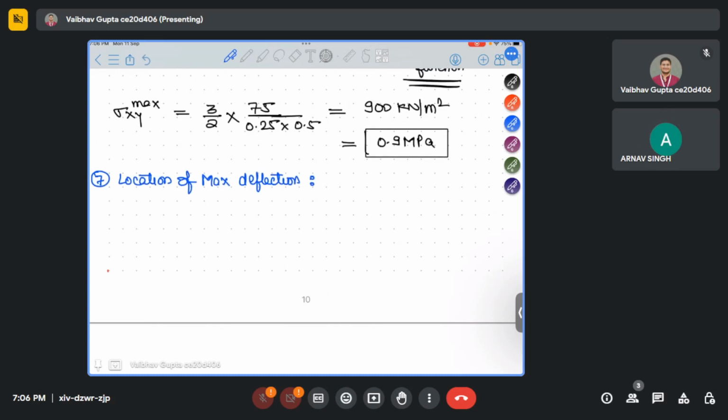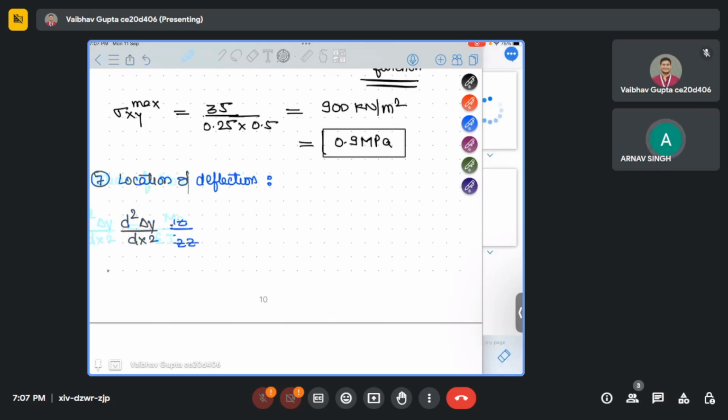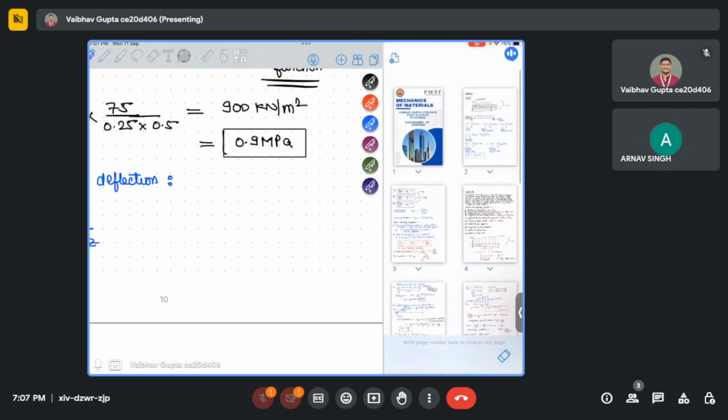I told you initially in the class about the formula for finding the expression of deflection first, because first we find the deflection expression, then we find the maximum. As per the beam bending equation, d squared delta y by dx squared is equal to Mz by E Izz.